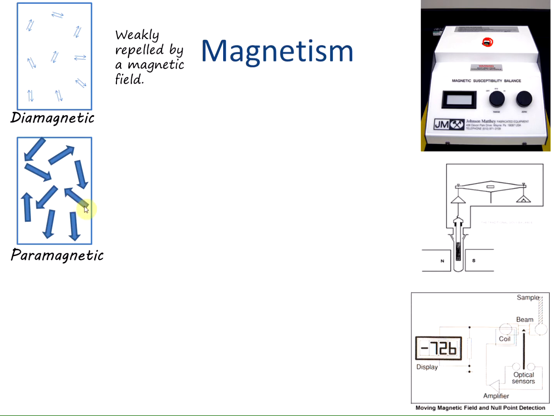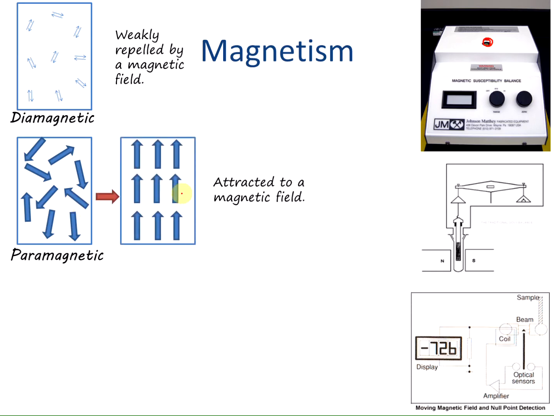But if I were to put this into a magnetic field, the arrows, or the electrons, would align with the magnetic field. And when they do, they're attracted to the magnetic field. So paramagnetic compounds are attracted to a magnetic field.